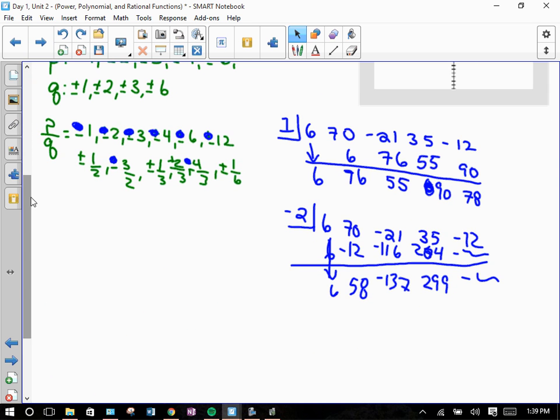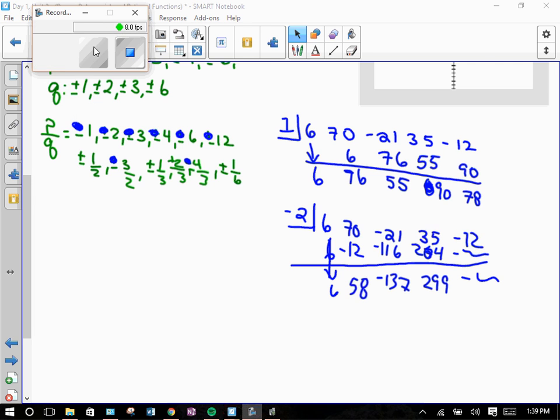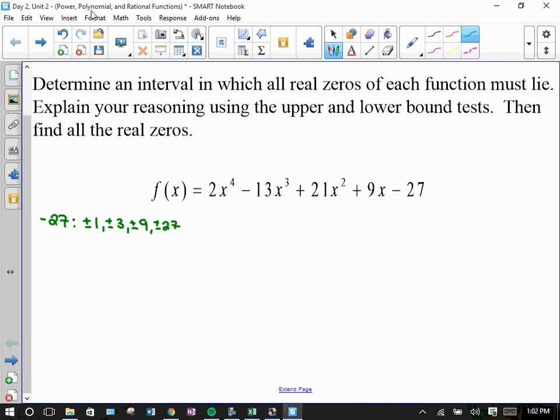These are alternates. We have those, and then we have positive 2 as our leading coefficient, which gives us plus or minus 1, plus or minus 2. So what do we have to do after that?